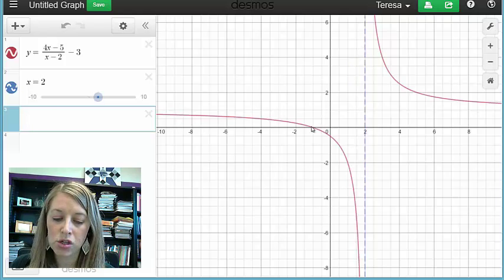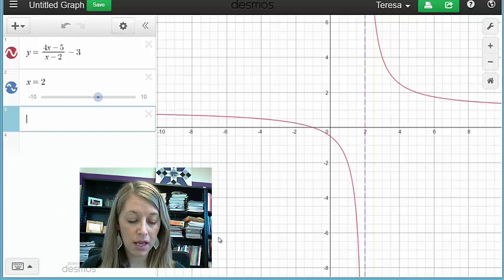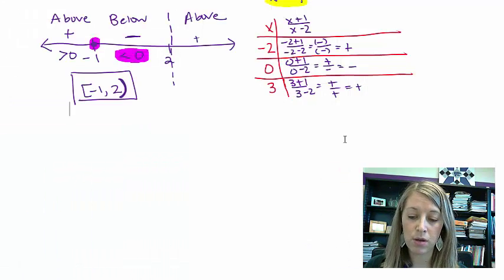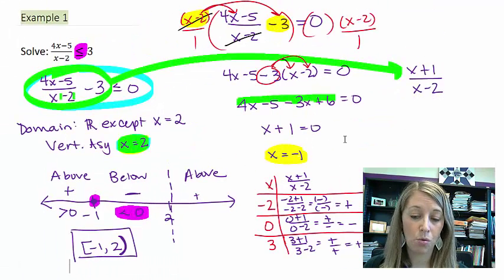And so we see that starts right here at -1, and it continues all the way to my vertical asymptote. But this is an indication that our vertical asymptote should not be included in our answer. So -1, including it, all the way up to 2, not including it. And that is the answer that we came up with right here. So we're good to go.